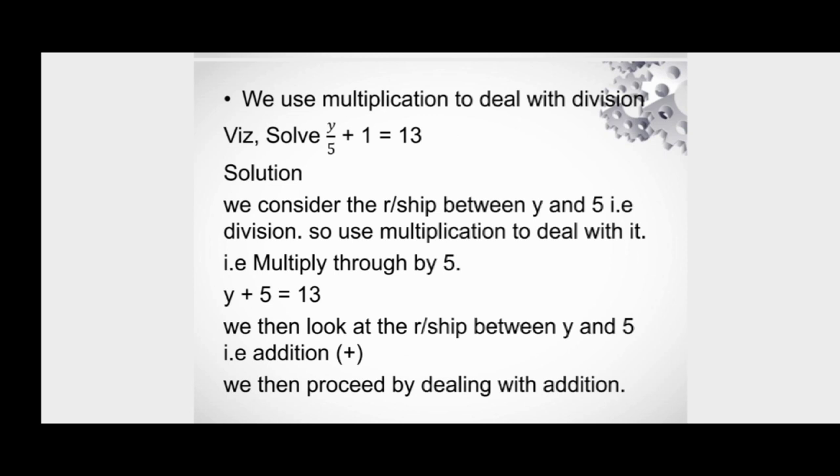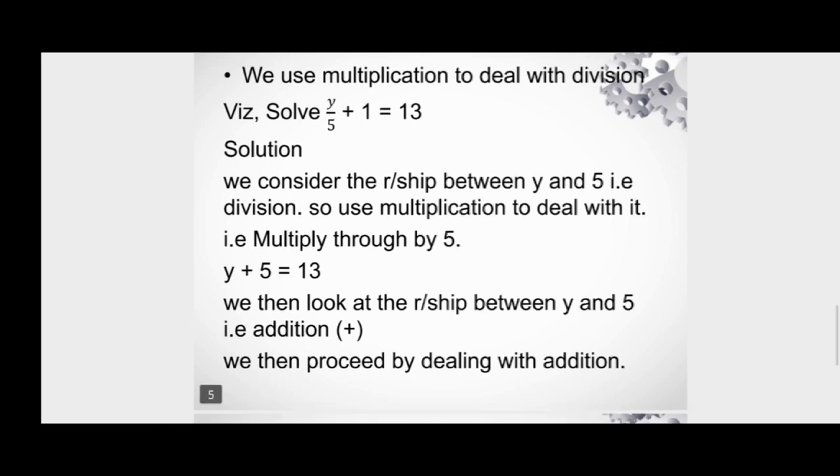The relationship between y and 5 is division. So to deal with division, we apply multiplication, which is we multiply through by 5. That is, we multiply each term of the equation by 5. Multiplying that will give us y plus 5 is equal to 13 times 5.